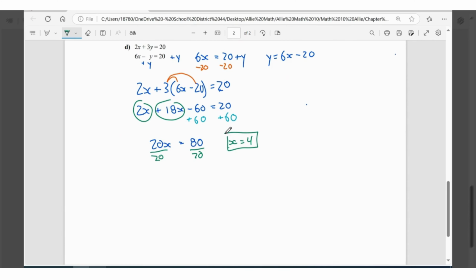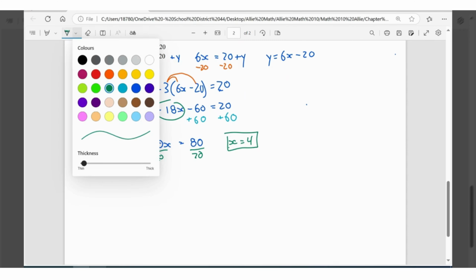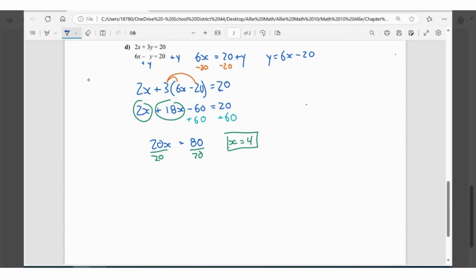And then we can substitute the x back into either of our equations. So why not? Let's do 2 times 4 plus 3y equals 20. 2 times 4 is 8 plus 3y equals 20.